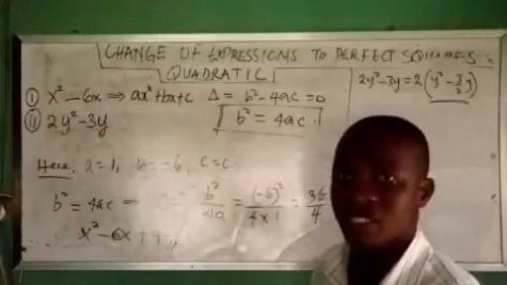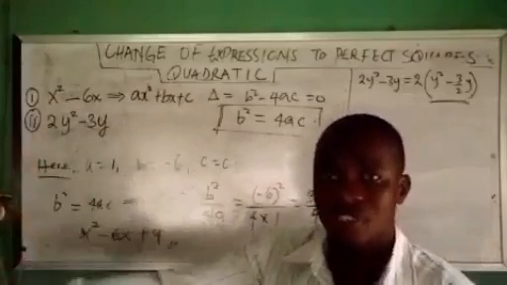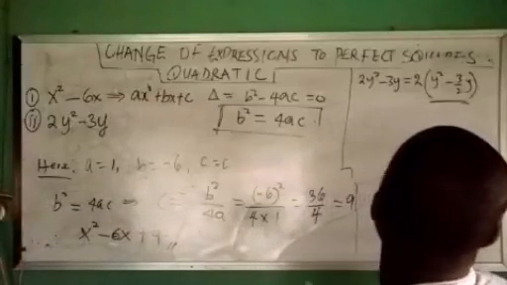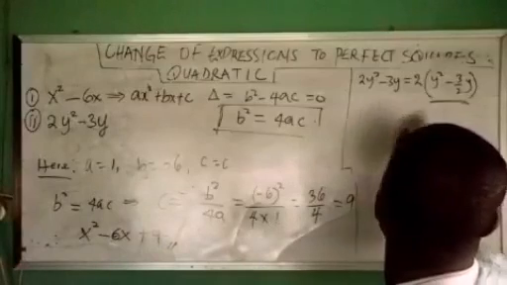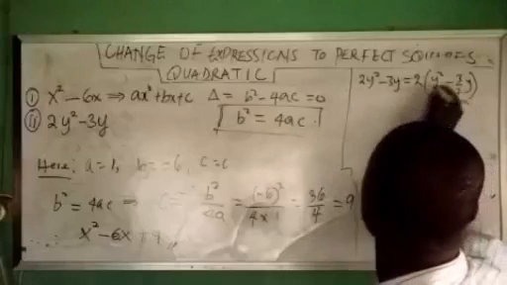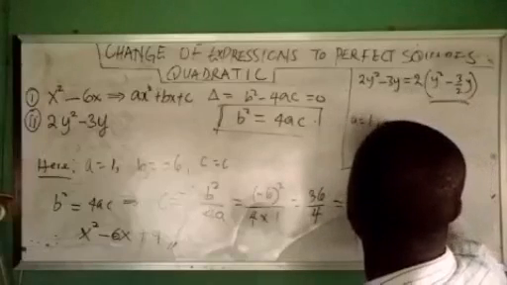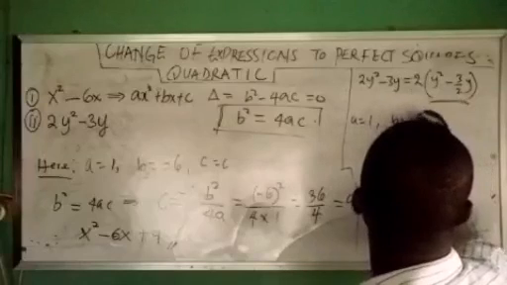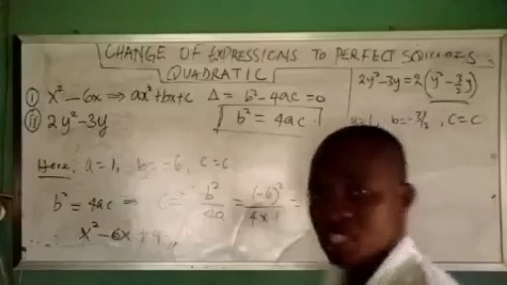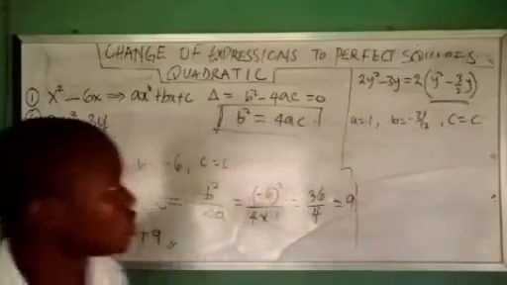Our variable can be anything, since you specify what you are doing. So to compare, our a will be 1, b will be minus 3 over 2, and c will be the same thing as c, because we don't know, it's what we are looking for.